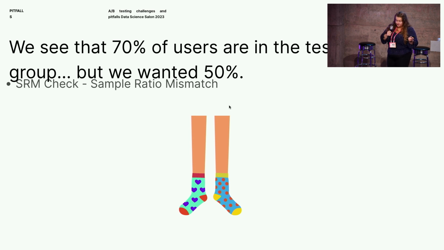But once you confirm that actually there is a sample ratio mismatch, you need to start digging more into the data. So one way is to make sure that everyone is in one group, and that one happens a lot. You will often see that users are matched both to control and test. So how do you set up an experiment to make sure that everyone is only in one group?